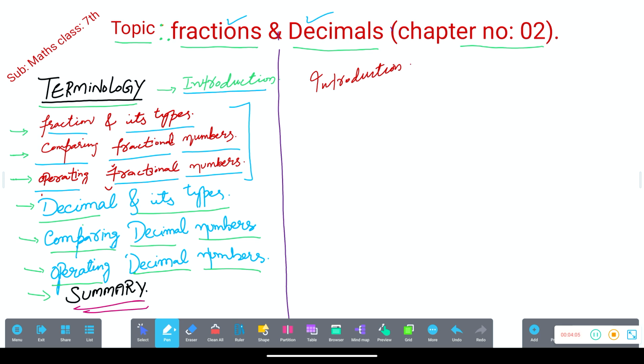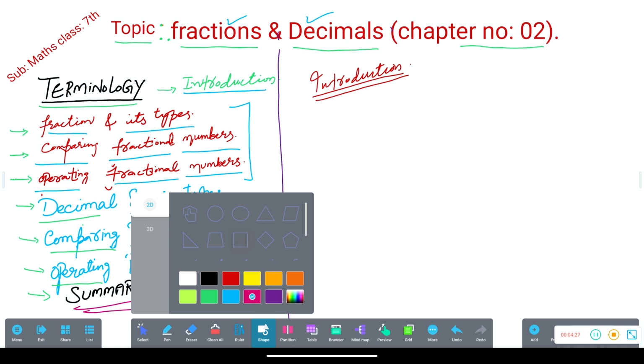Now, the first thing that will arise in your mind is, why do we need to learn fractions? This is the common question that usually arises in almost all students. So why do we need to learn fractions? For that, let me consider one of the shapes.